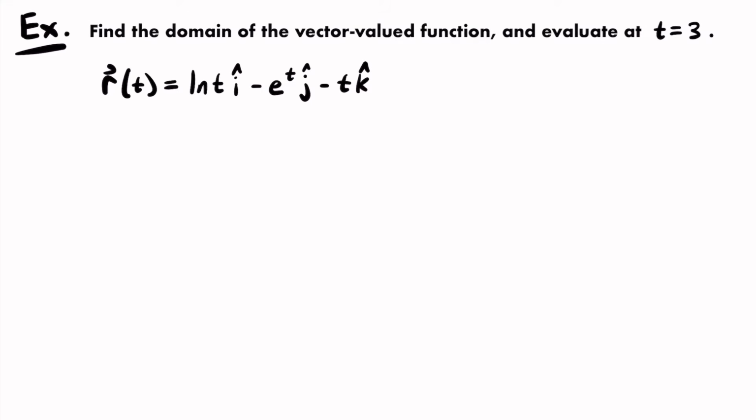If you think back to that general form for a vector function, we had f of t times i plus g of t times j plus h of t times k. Those were three functions in terms of t, that parameter, that give us the x, y, and z components for our vectors. So each of those three functions are going to have their own domains, or set of t values for which they are defined.